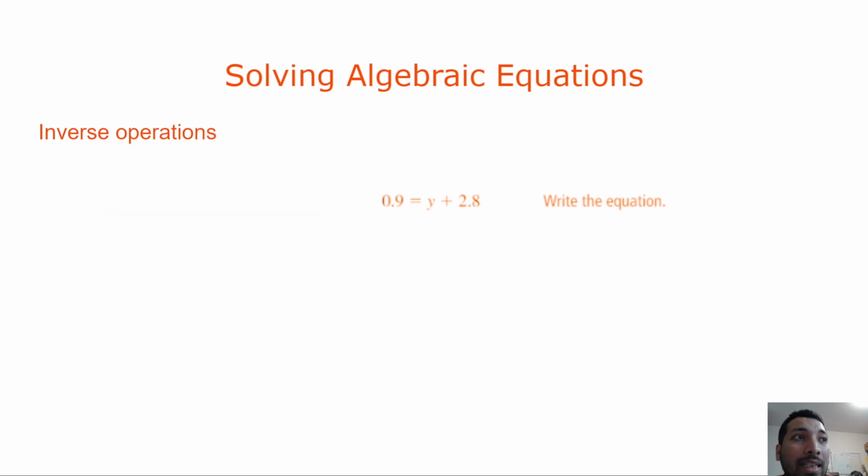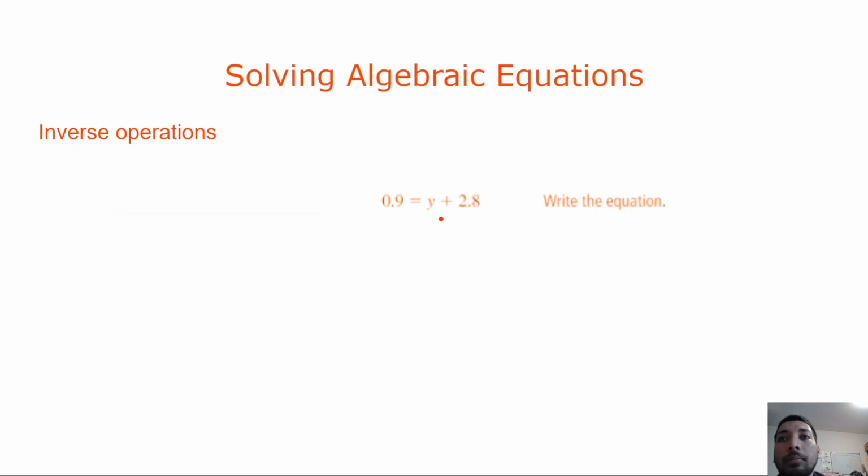Now let's look at this example over here. In this case, the variable is on the right side. It does not matter whether you have the variable on the left side or the right side. Usually the standard approach is we keep the variable on the left side, but we can also solve the equation by keeping the variable on the right side. Over here, the operation between the variable and the constant is addition.